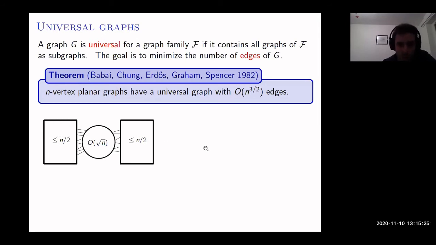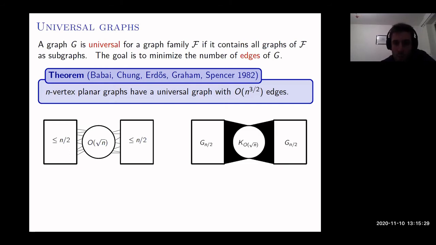And you can use this Lipton-Tarjan separator theorem to build a universal graph inductively as follows. You're building the graph G_n that contains all n-vertex planar graphs. How do you build G_n from smaller graphs?